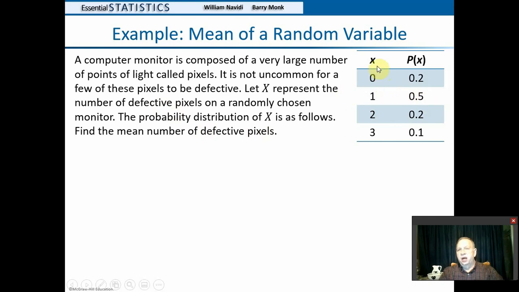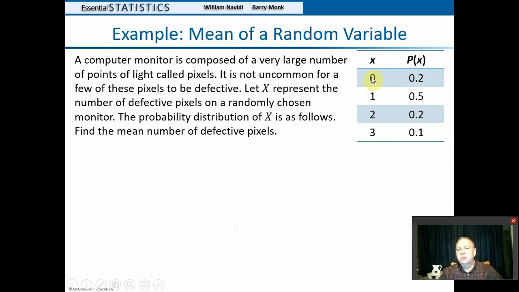So if I grabbed 1, the probability that none were defective is 0.2. Only 1 out of the 3 was defective, 0.5. 2 out of the 3, 0.2, and 3 would be 0.1, I'm sorry. So 1 pixel would be defective, 2 pixels, or 3 pixels defective.